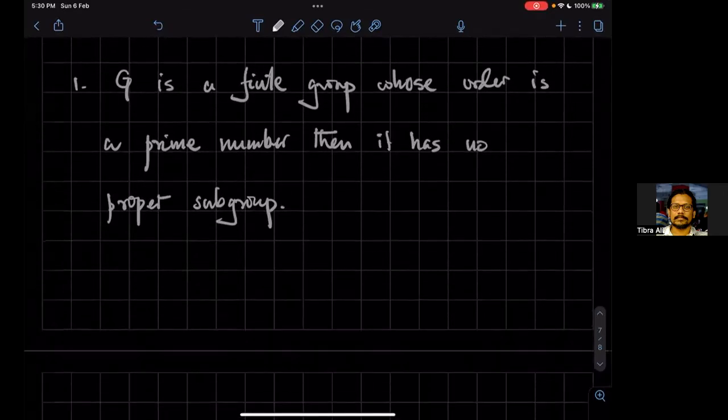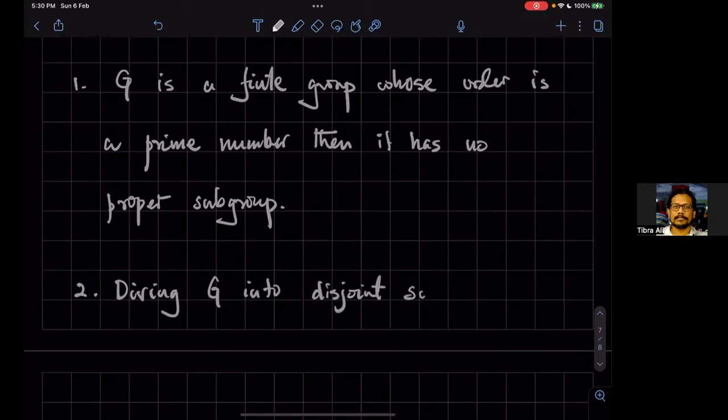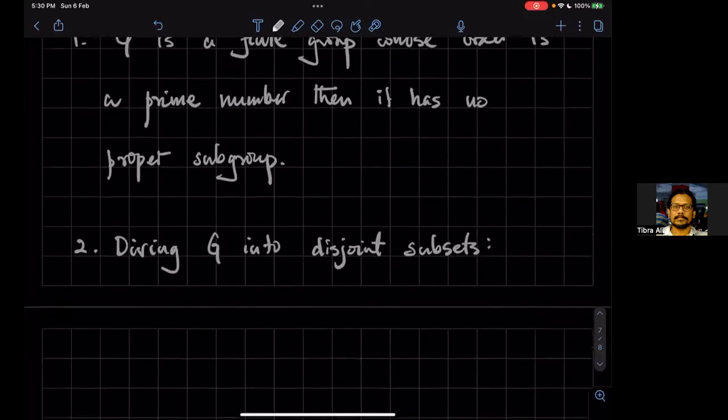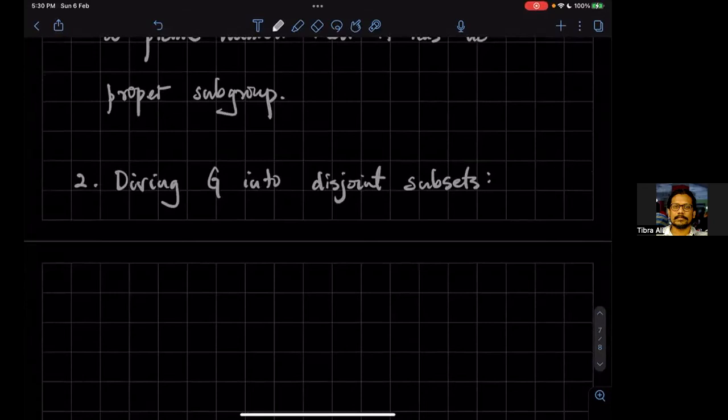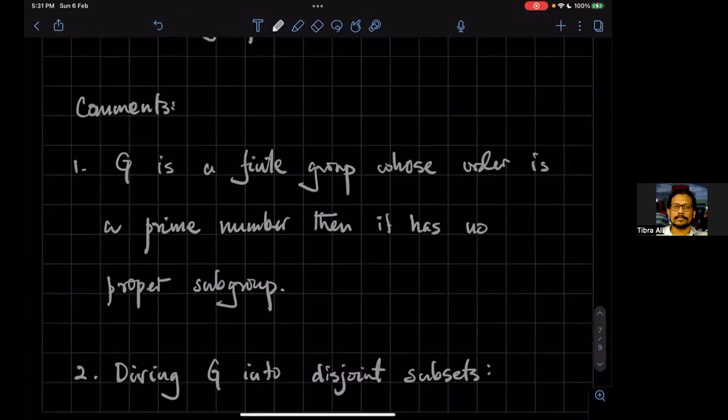The other thing I wanted to say about Lagrange's theorem, if you follow the proof, is that the proof consists of dividing G into disjoint subsets, and these disjoint subsets are going to be cosets: H, G1 H, G2 H, dot dot dot, G(K minus 1) H, where K is that integer.